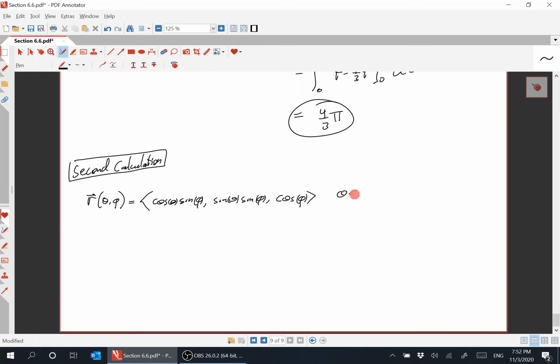So this is for 0 less than or equal to theta less than or equal to 2 pi. And since we're just doing the top half of the sphere, phi goes from 0 to pi over 2.